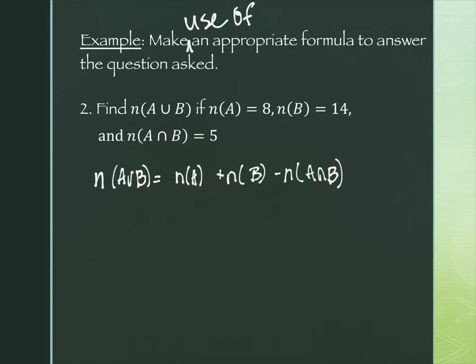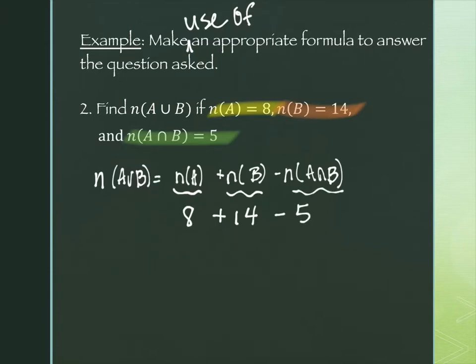They tell us that the number of items in A is 8. So right here, I write 8. And they tell me that the number of items in B is 14. So right here, I write 14. They tell us that the number of items in the intersection is 5. So this is a minus 5 because there's a subtraction sign at the end.